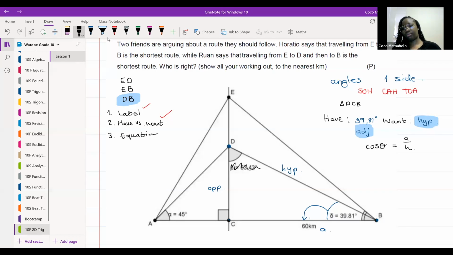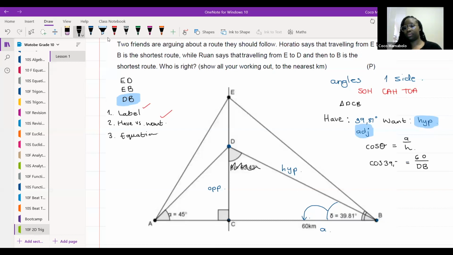Start at cos for me. Cos 39 equals 60 over DB, in this case, because we're looking for DB. Good.